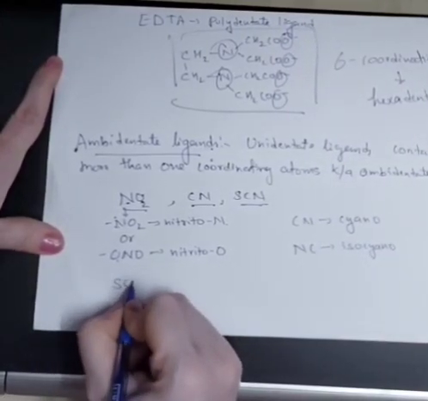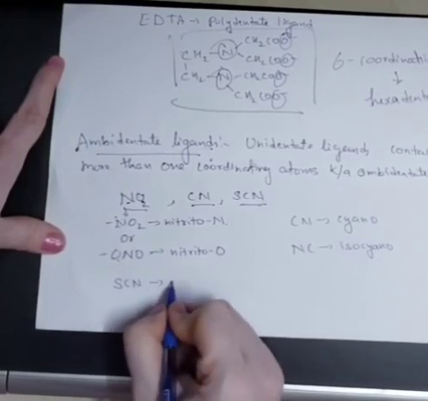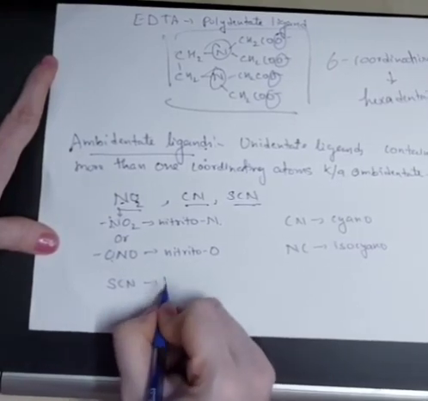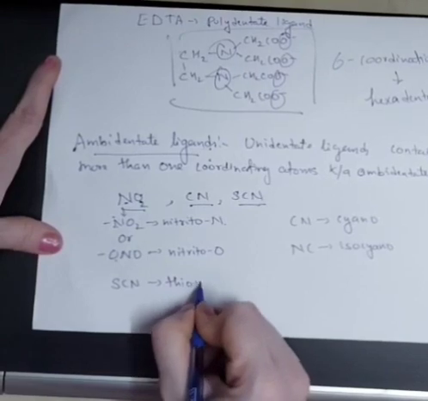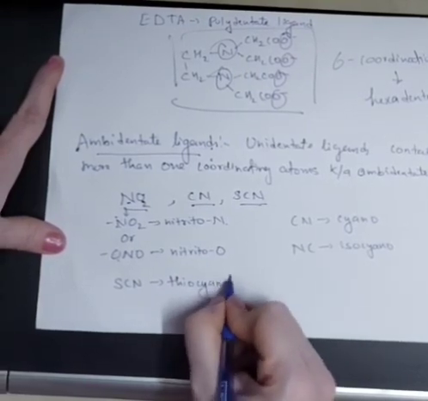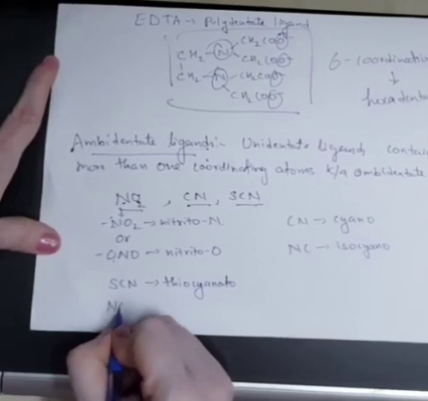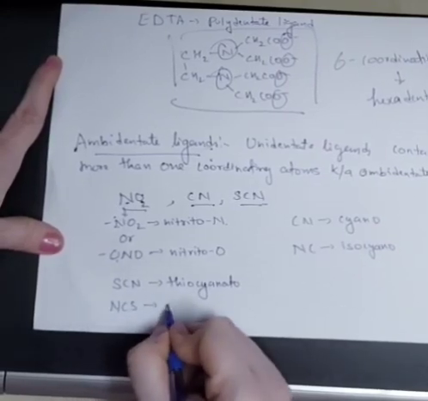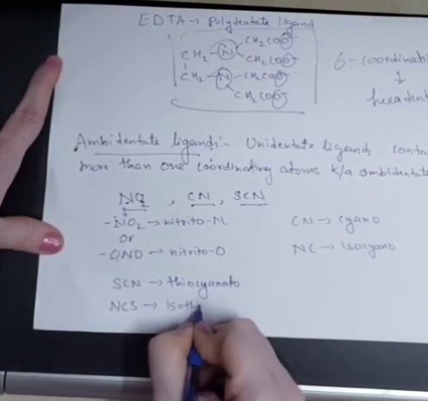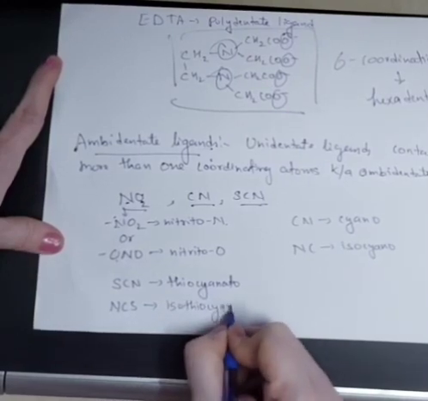And in case of SCN, we call it thiocyanato, and when it is formed by the nitrogen, we call it isothiocyanato.